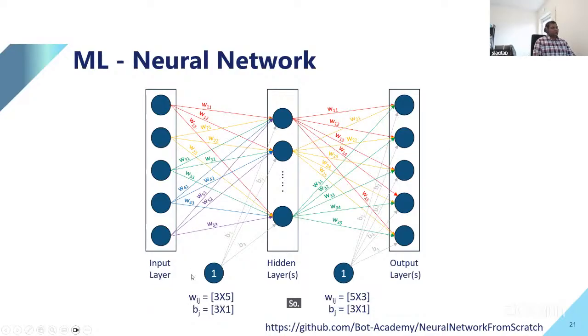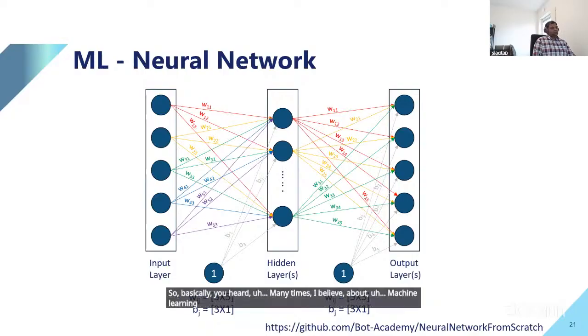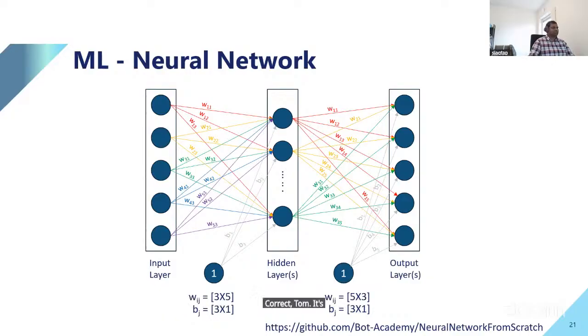So basically, you heard many times, I believe, about machine learning. People broadly call it AI also, but I think that's not really a correct term. It's more machine learning. So here, basically, you want to get these weights.